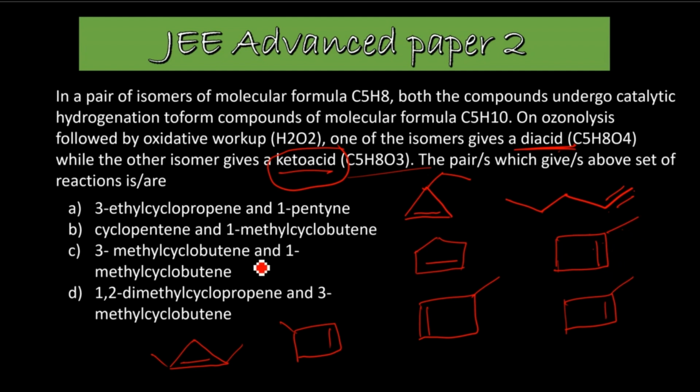So can I take option B and C? You can take D also, but this will not give you the keto acid, right? That can give you the keto group, not the acid. So B and C can give the keto acids, right?